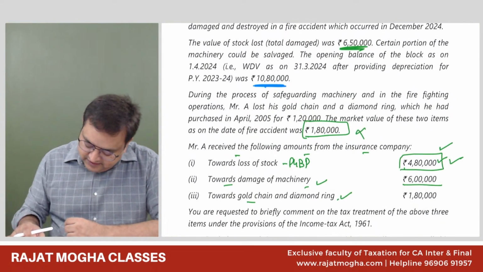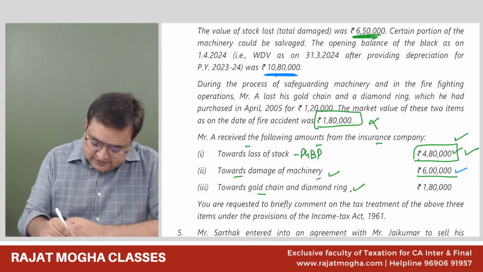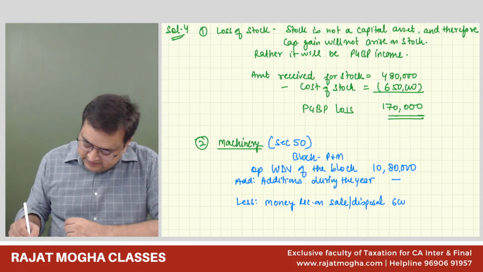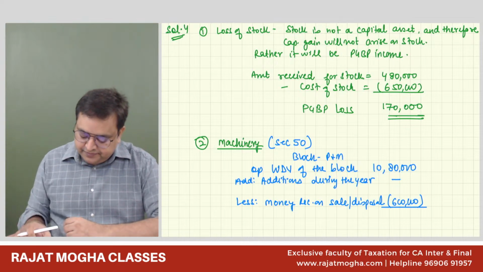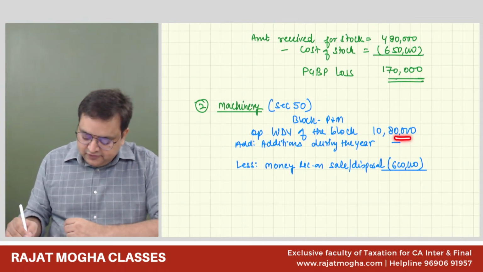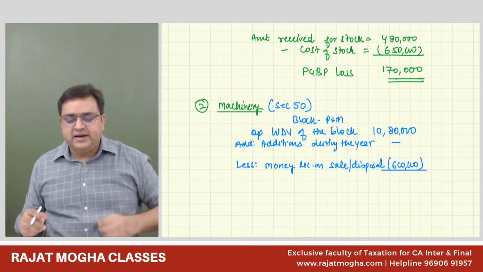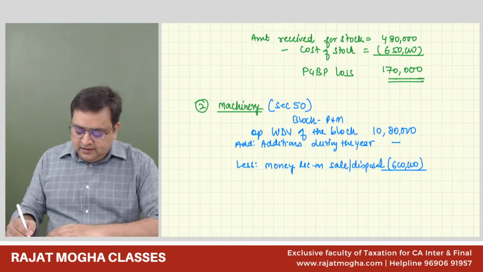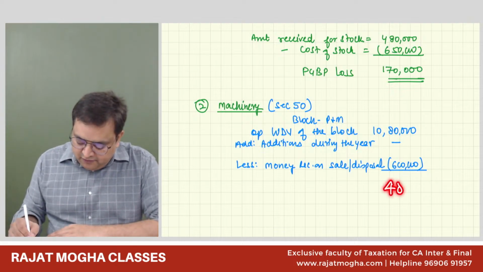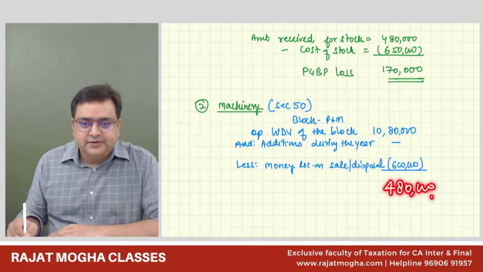We have received for machinery 6 lakh rupees. Now, 10,80,000, there is no addition, but we have received some money out of it. Now please tell me, we are left with 4,80,000.